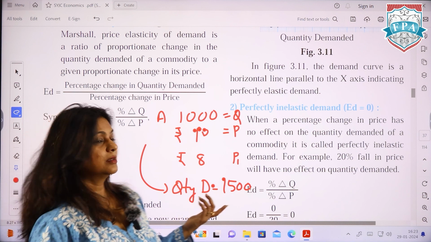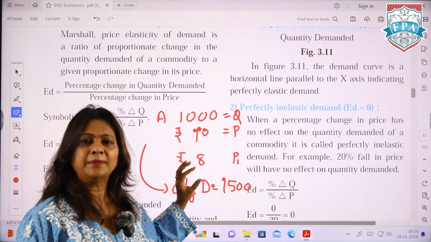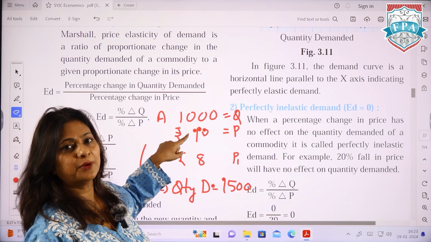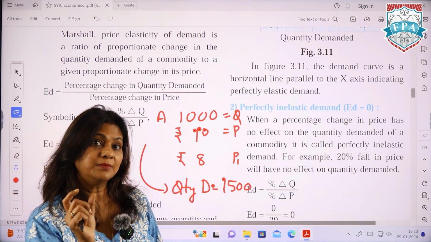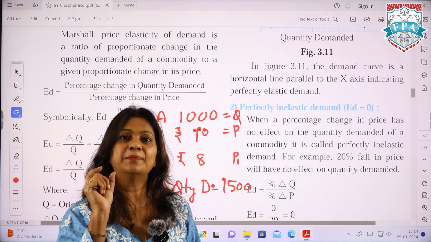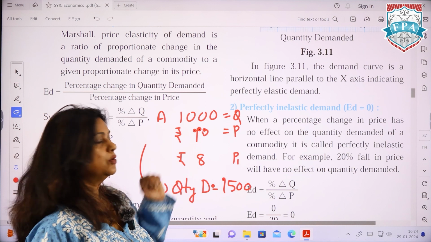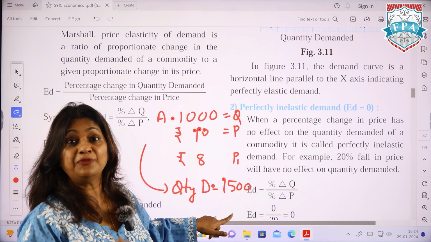Now look at this. We will talk about the formula later, we'll be using the text. But look at it: the price has changed from 10 rupees to 8 rupees. It has fallen by 2 rupees. In terms of percentage, 2 divided by 10 into 100 is 20%. So the price change is 20%. But look at the quantity change. It was 1000 units earlier, now the demand is 1500 units.